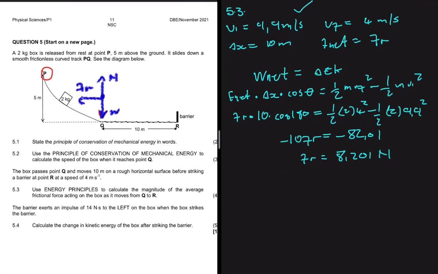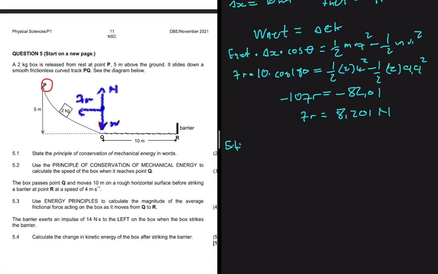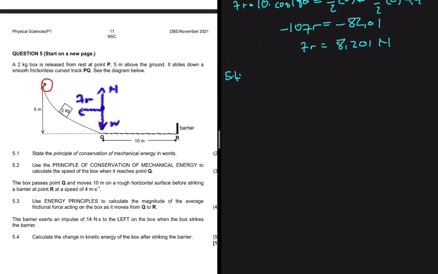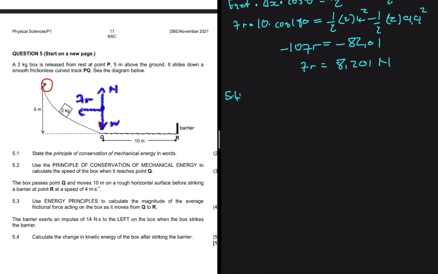Let's move to 5.4. If there's any questions, there's any ambiguity, you gotta let me know in the comments. So 5.4, the barrier exerts an impulse of 14 newton seconds to the left on the box when the box strikes the barrier. Calculate the change in kinetic energy of the box after striking the barrier. So if we need the change, we need some VF and VI.